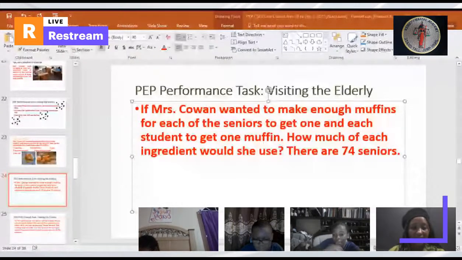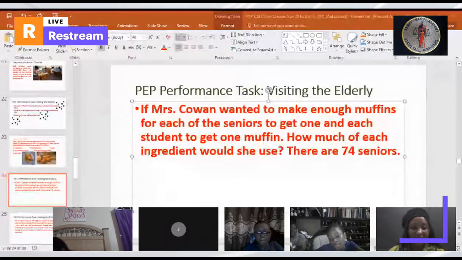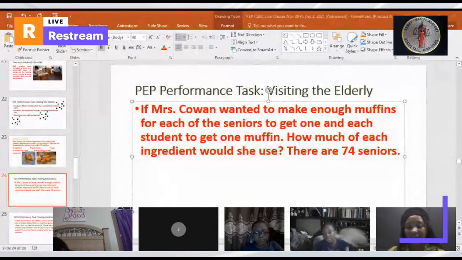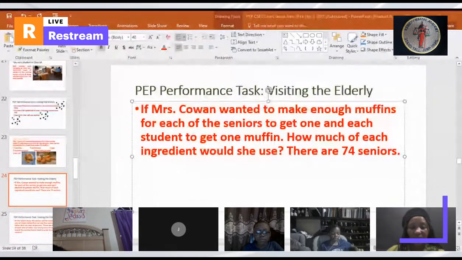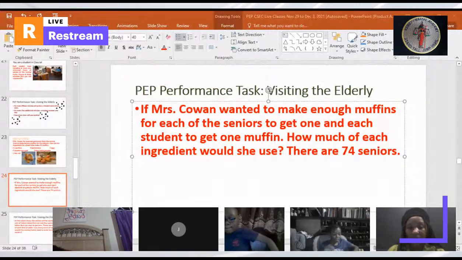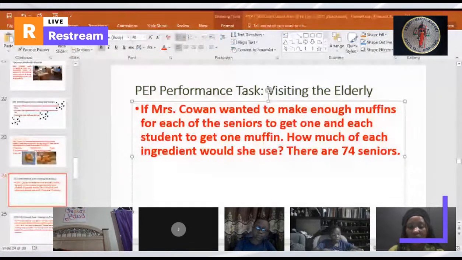All right. So now we're talking, right? There are 74 seniors. There are 26 students. And when we add the seniors and the students, 74 plus 26, we get 100. So there should be enough muffins for 100 persons to get one.